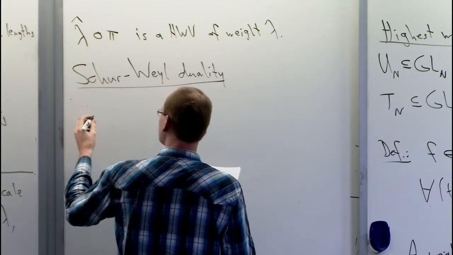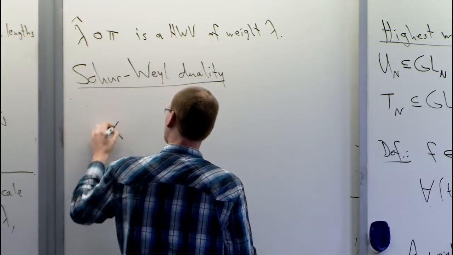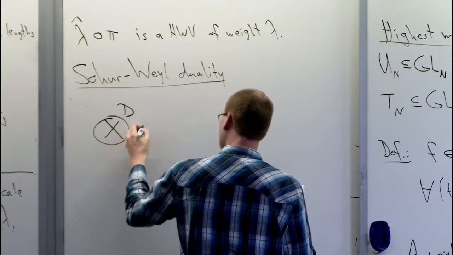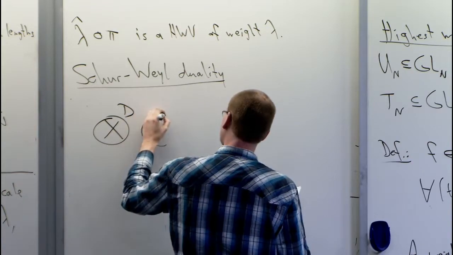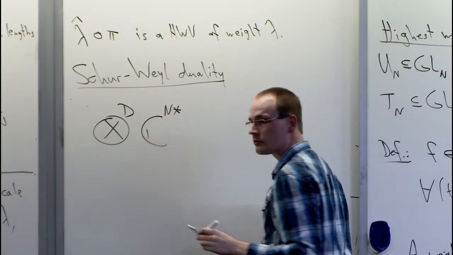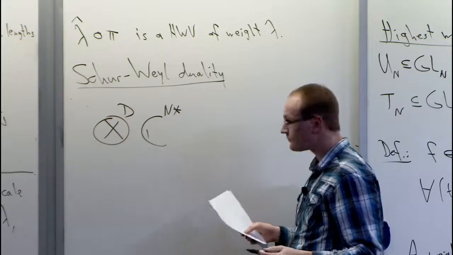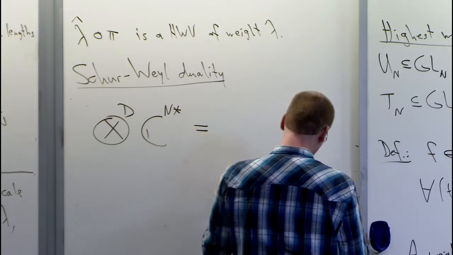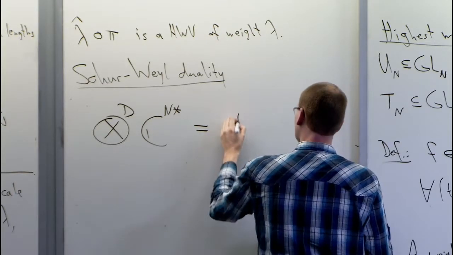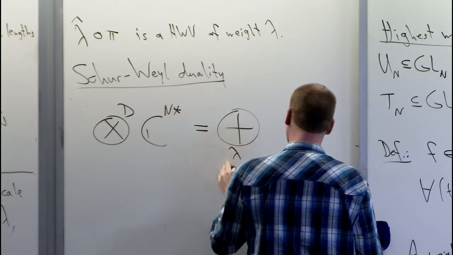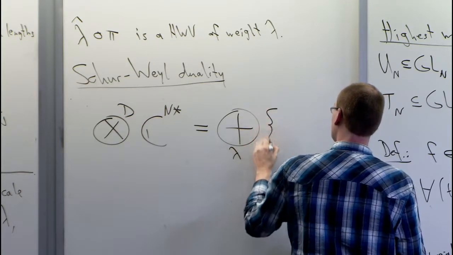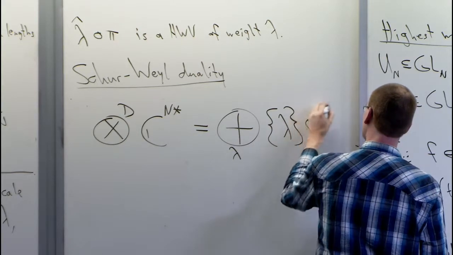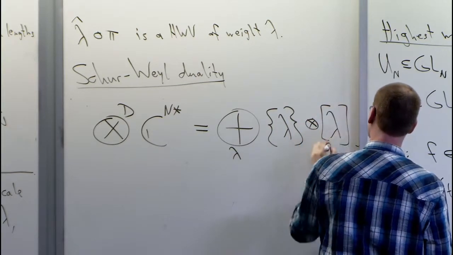So the theorem is the following. And this is the most important theorem, which actually draws the connection between the general linear group and the symmetric group in these cases. So it's this one, the d-th tensor power of C^n star. How does it decompose? It decomposes over lambda into tensor products, which are the irreducible GL_n representations, tensor the irreducible S_d representations.